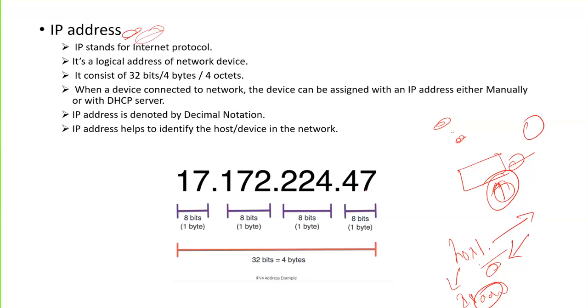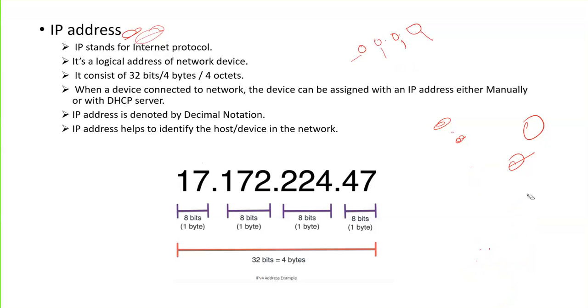Here the IP address is a 32-bit address, and each 8 bits are separated with a dot notation. So this is 8 bits, 8 bits, 8 bits, 8 bits. In general, let me show you how it would be: 0.0.0.0, and so on.